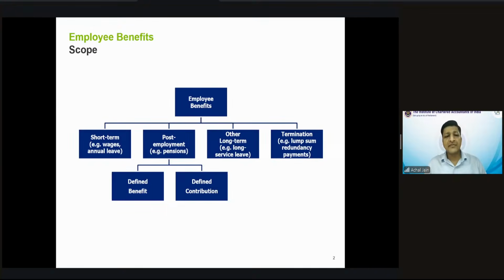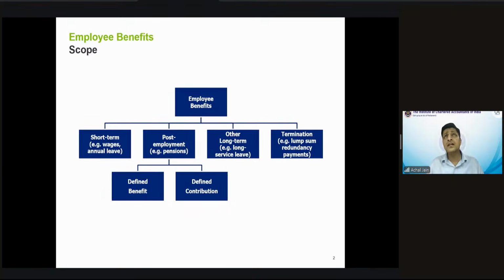So employee benefits, if you look at the requirements of this accounting standard, could be of various types. That is again one area that we are going to discuss. Depending on the types that we have, accounting requirements will also vary. So you'll have different accounting requirements for different types of employee benefits.